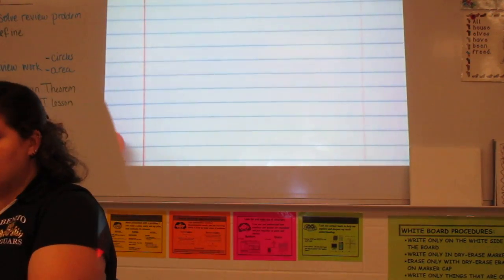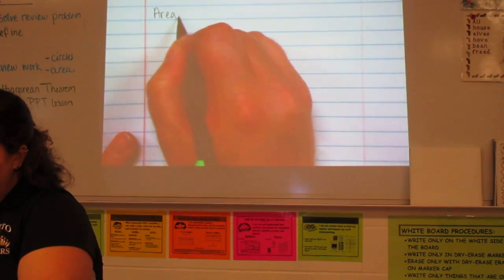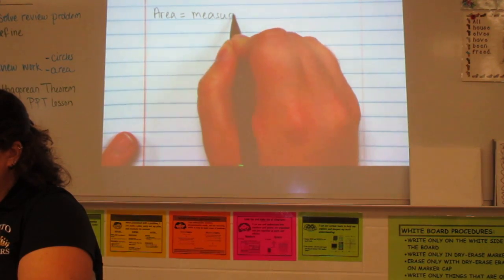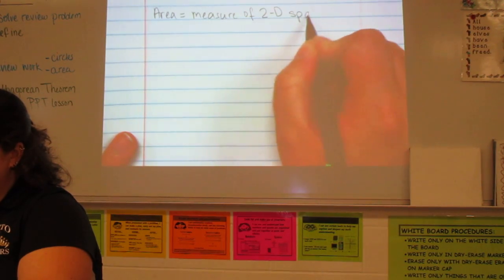All right, so simple area is the measure of two-dimensional space.